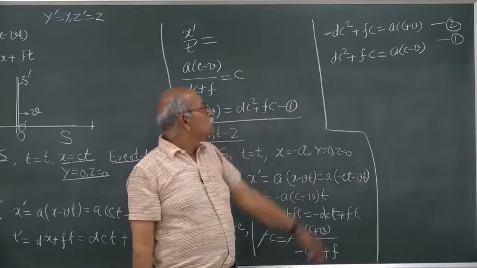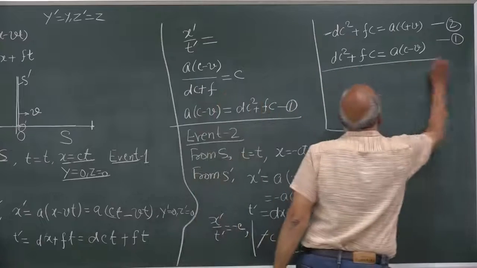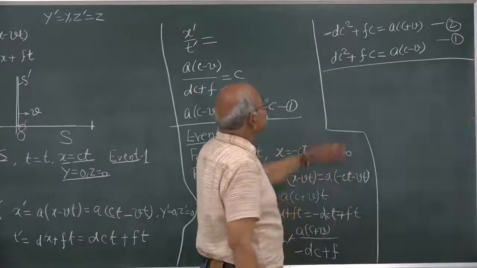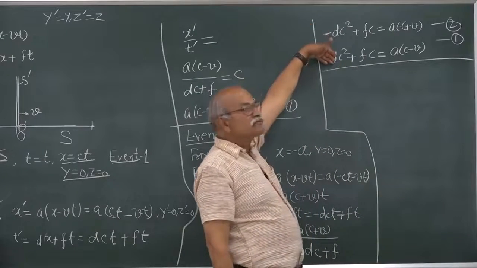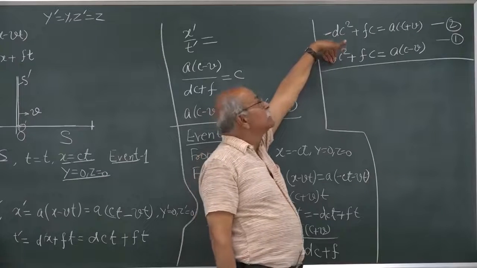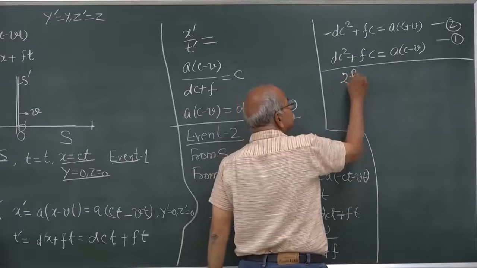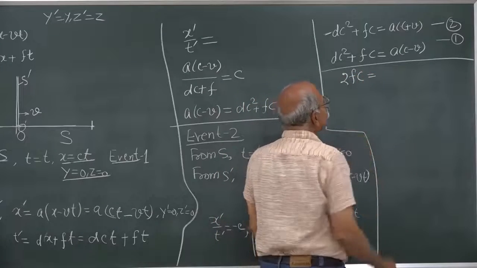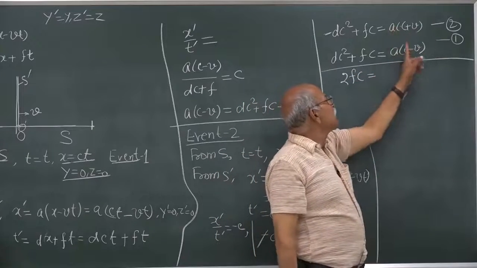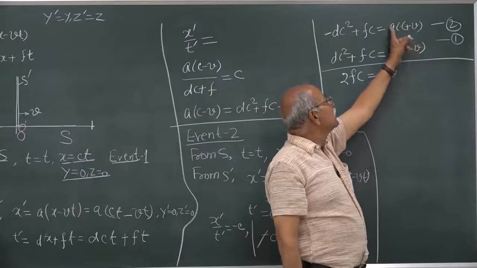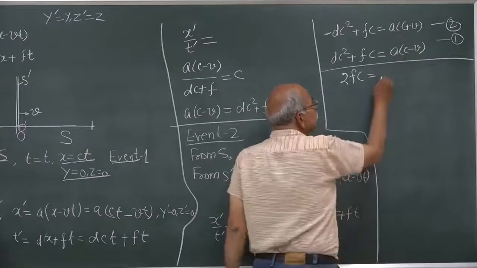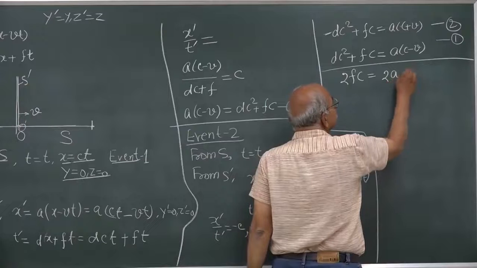Now, you add these two. You add these two, this minus D c square cancels with this plus D c square, F c plus F c will be 2 times F c, and that is equal to this, A v and minus A v will cancel out and A c plus A c will be 2 times A c.